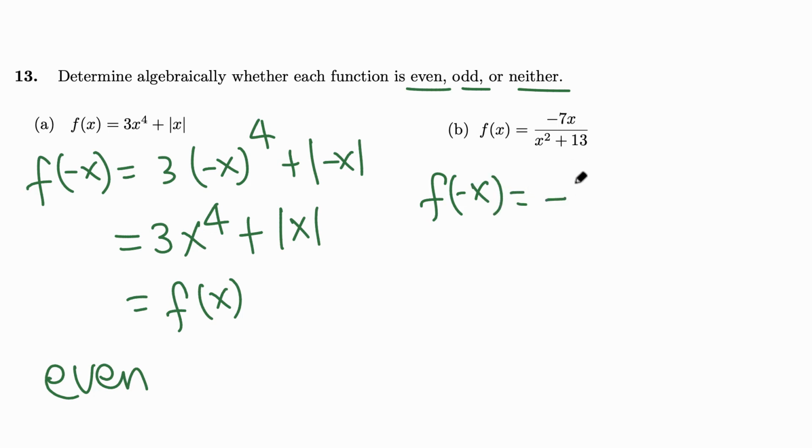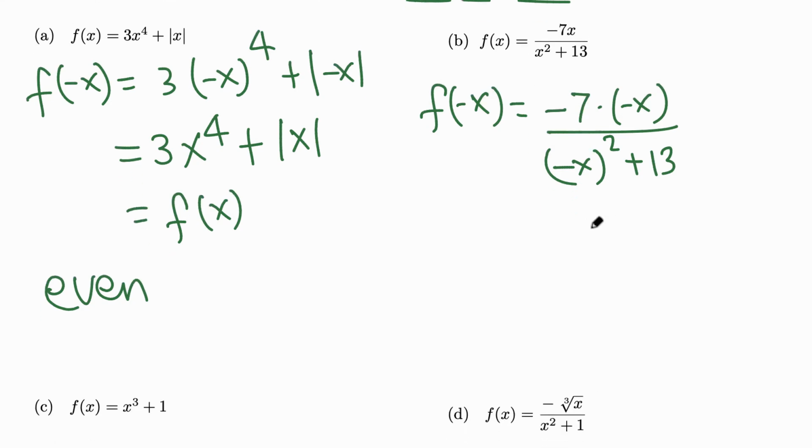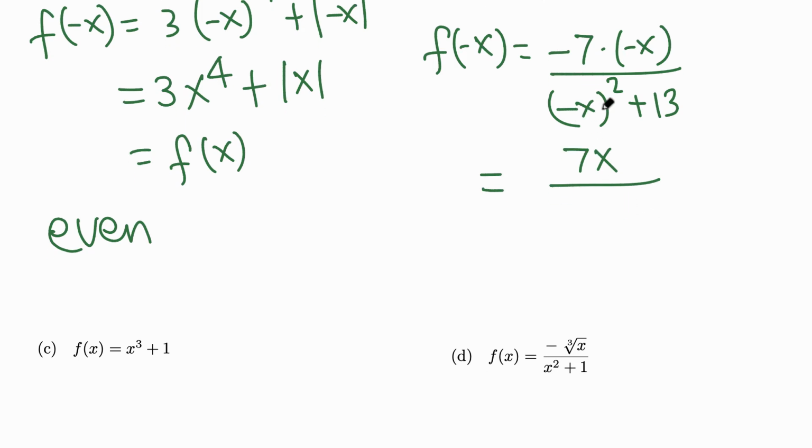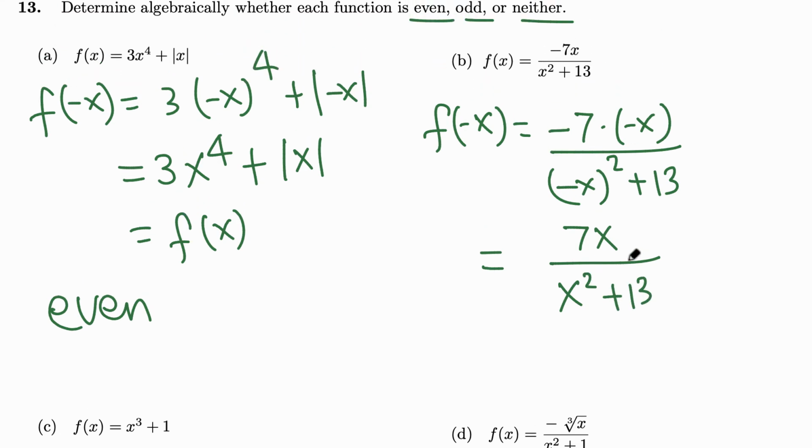On the top, 7 times negative x is negative 7x, all over negative x squared plus 13. Negative times negative positive 7x, all over negative x squared is just x squared plus 13. So we got negative 7x, but this is now positive 7x.